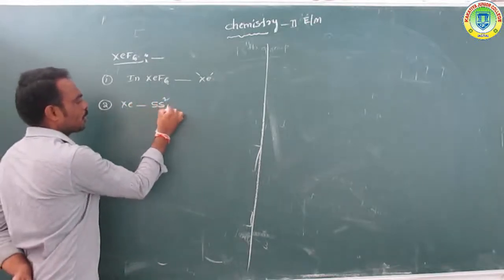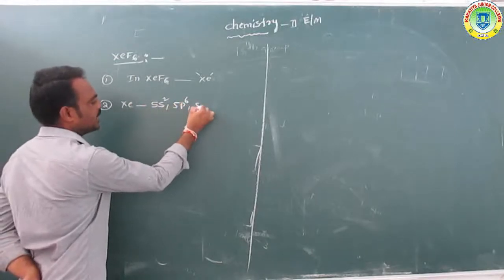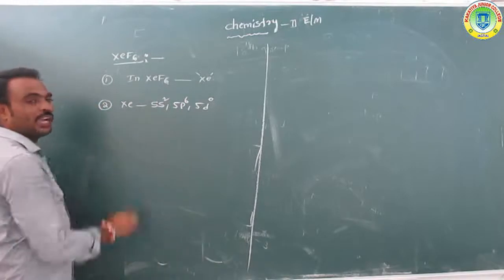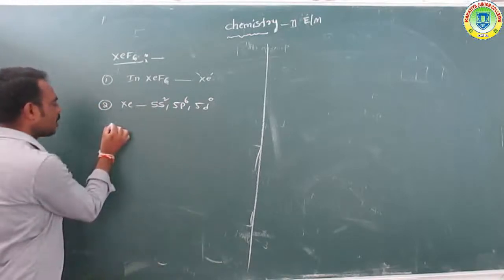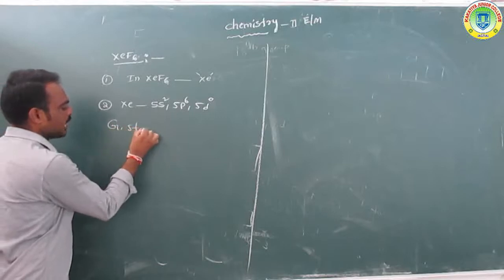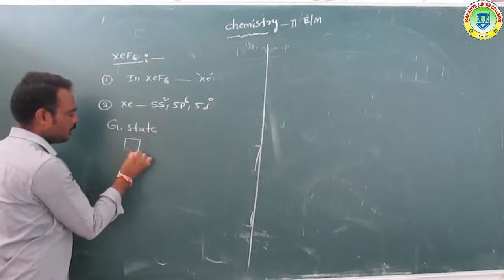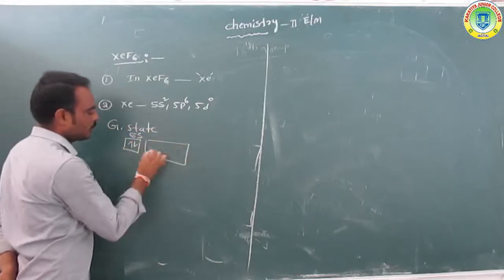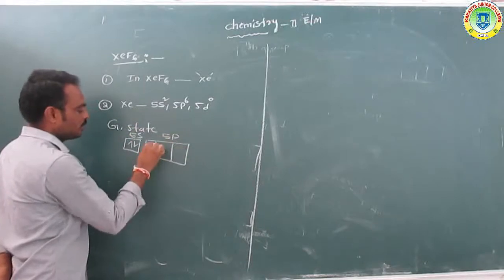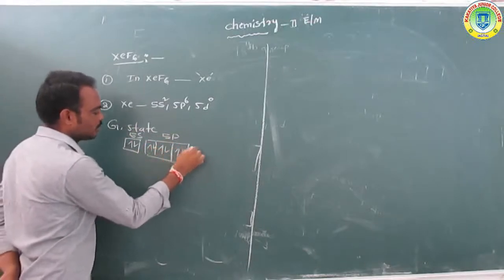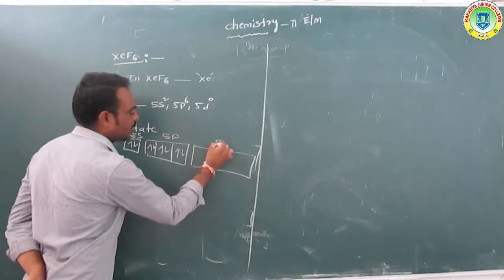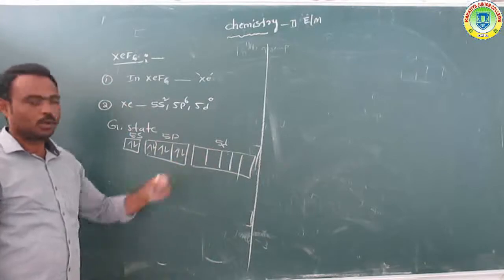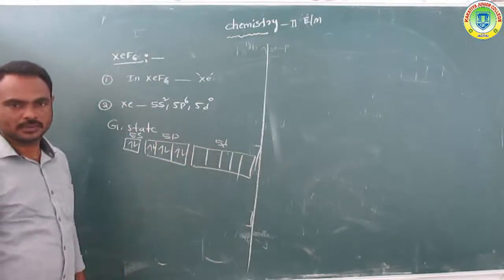5s2, 5p6, 5d0. So we write it for each orbital. It is called the ground state. 5s orbital has 2 electrons, 5p orbital has 6 electrons, and 5d orbital is a vacant orbital with 0 electrons.